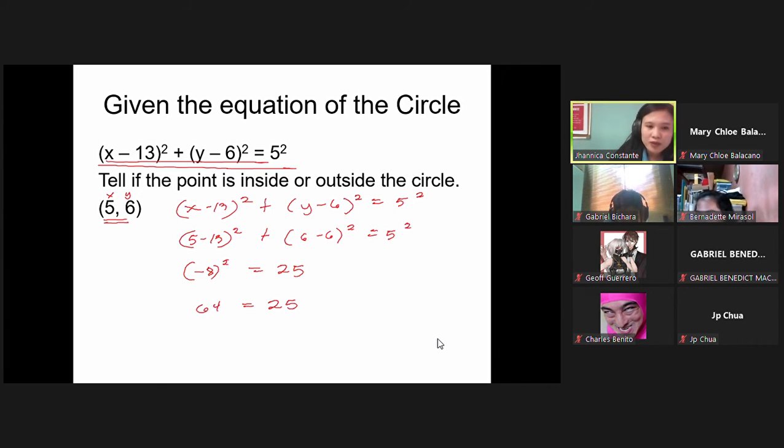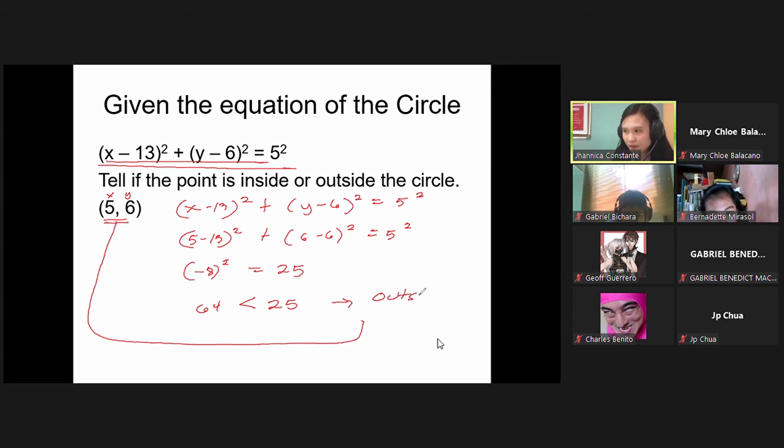If the number is greater than the radius, that means that point is outside of the circle. Kapag greater than, that means this given point is outside. But if it's less than, that means it's inside of the circle. The given point is inside.